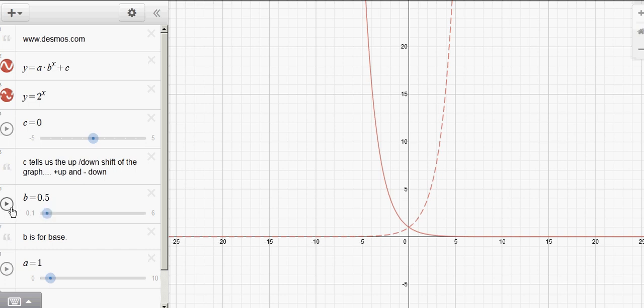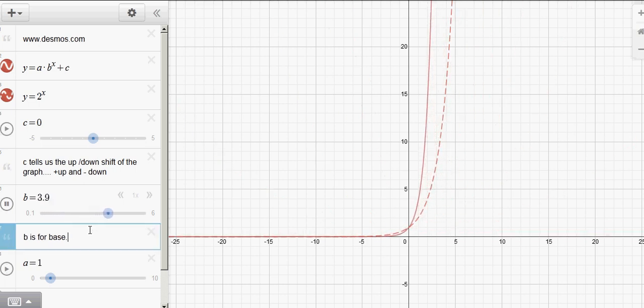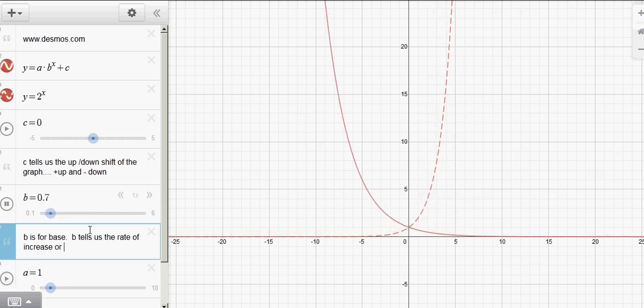So let's think about what the hint is here. b tells us the rate of increase or decrease. And let's look just a little bit further to make sure we understand what's going on.